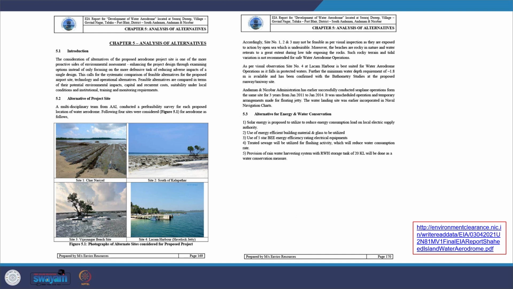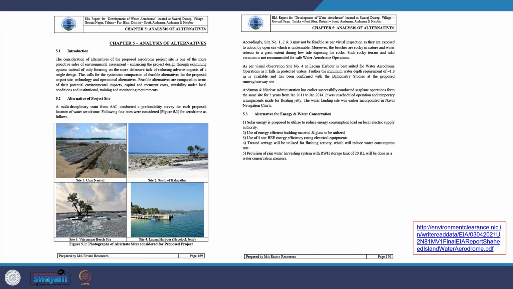While looking at the alternatives in this particular case, the team looked into alternative project sites. So you see different project sites which they looked into. They have identified those project sites: Site 1, Site 2, Site 3, and Site 4. And then they evaluated for its feasibility and what kind of impacts it would have. So you see that in the narrative, they write site number 1, 2, and 3 may not be feasible as per visual inspection, as they are exposed to action by open sea, which is undesirable.